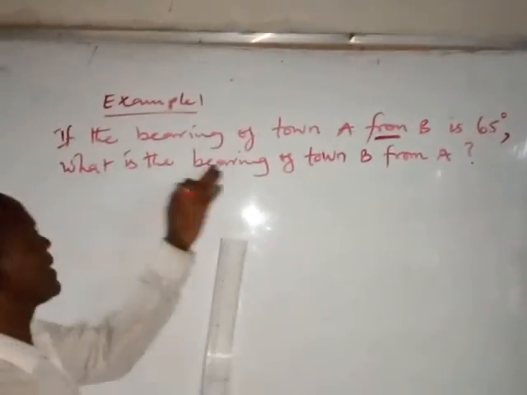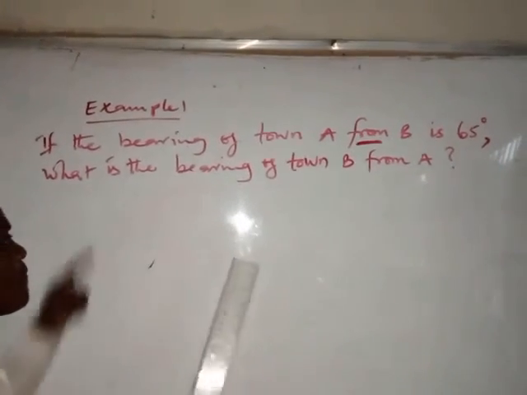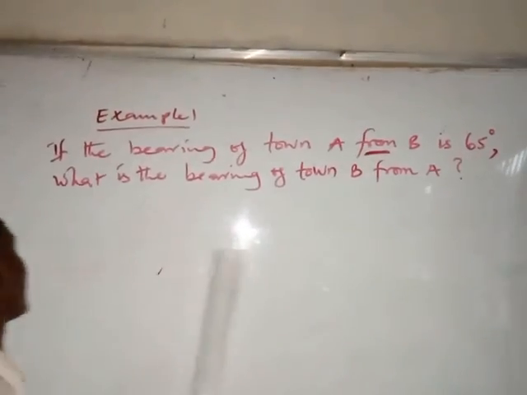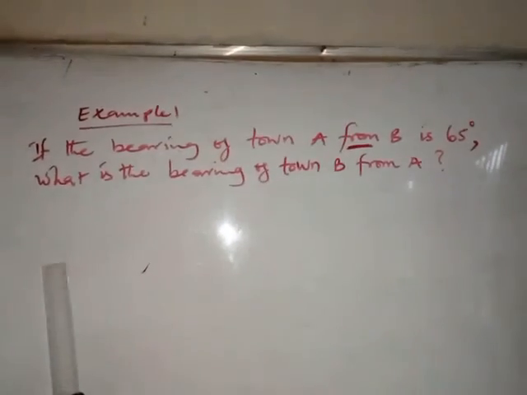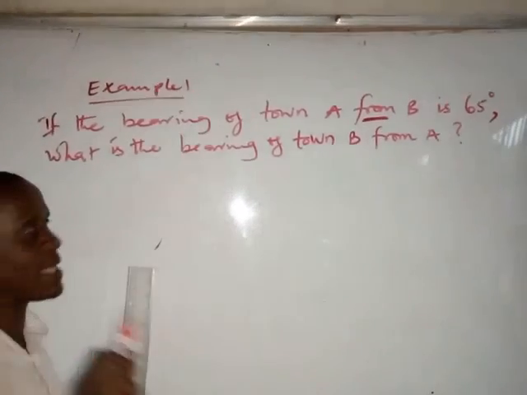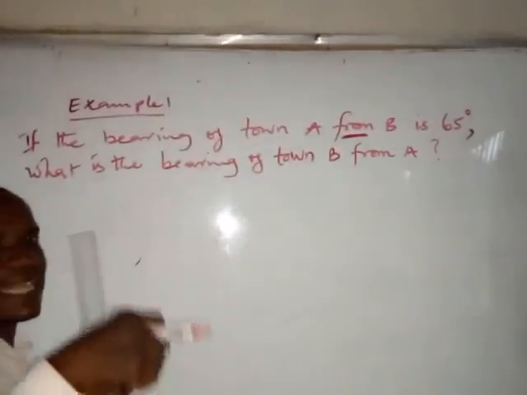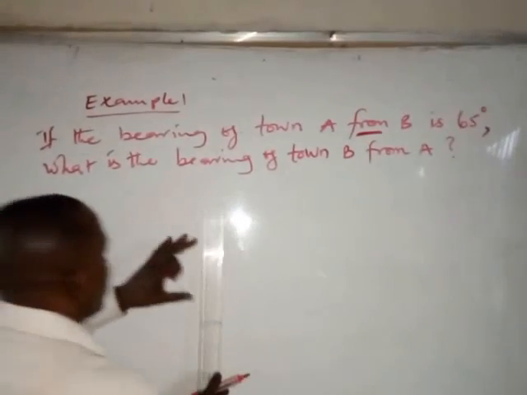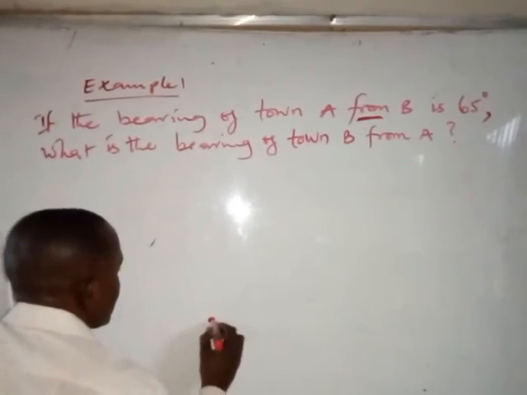Alright, up here we can see if the bearing of town A from town B is 65, what is the bearing of town B from A? It's very simple. In bearing, one word that is very, very key is the word from. That means defining the starting point. So, let me assume this is my starting point.